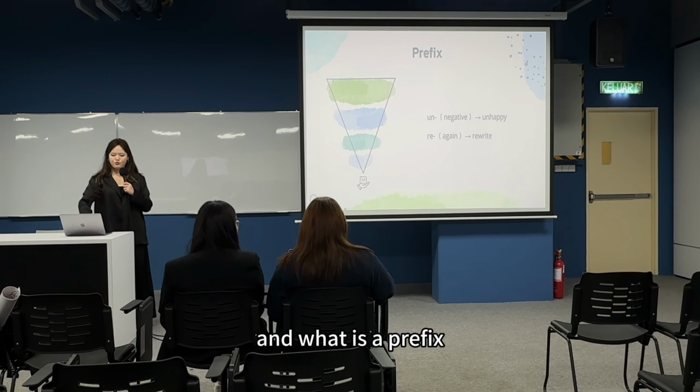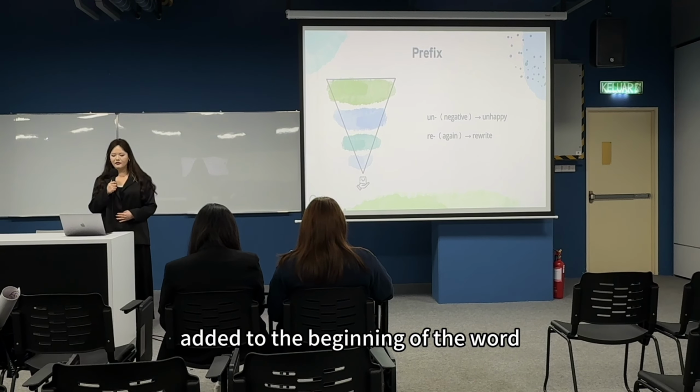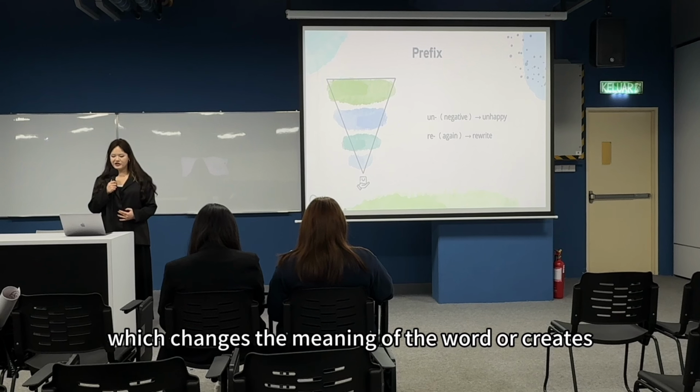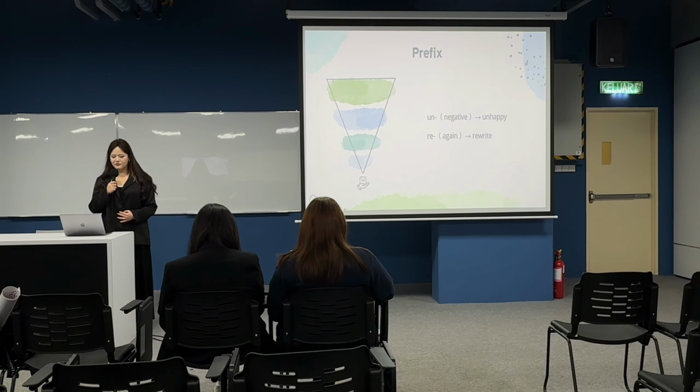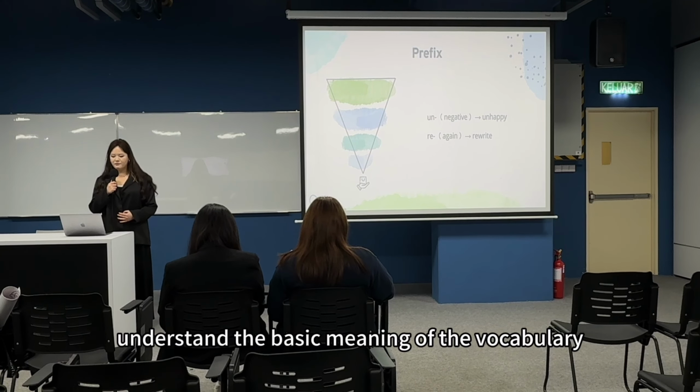And what is the prefix? A prefix is a morpheme added to the beginning of a word, which changes the meaning of the word or creates a new one. Prefixes usually have specific meanings and can help us understand the basic meaning of the vocabulary.